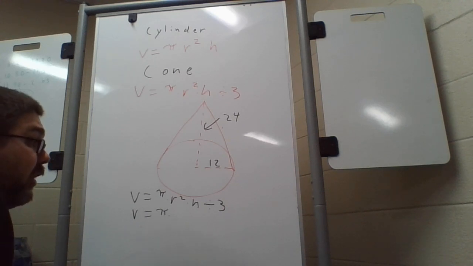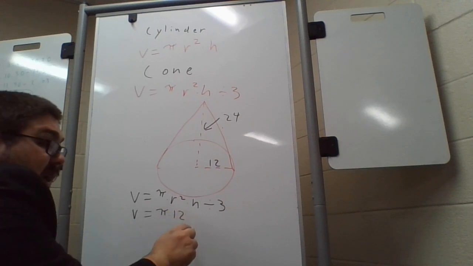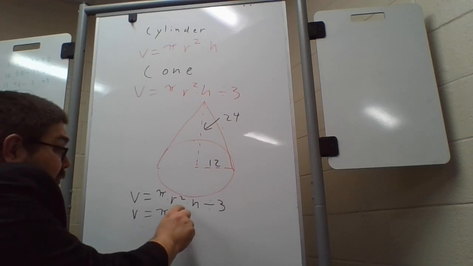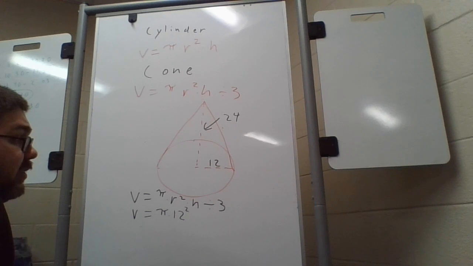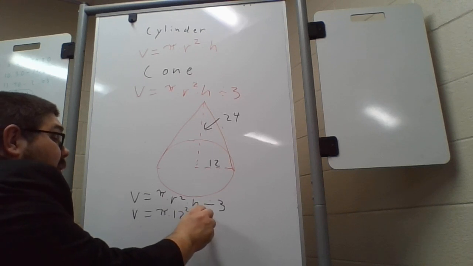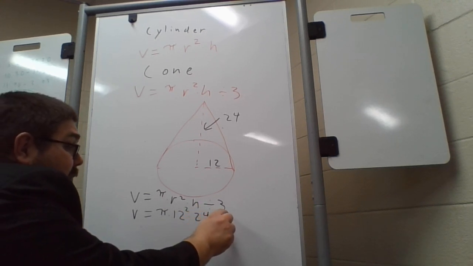This time they give us a radius. It's 12, which was coincidentally the same radius we had last time, I guess. Pi times 12 squared, and our height is 24, only this time we also divide by 3.